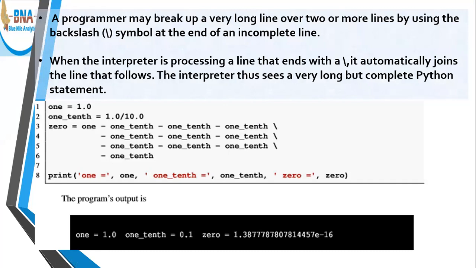It's just that you don't want to write it as one line, because it will be very, very long. So instead of writing it as one line, you can put backslashes. Have you understood?